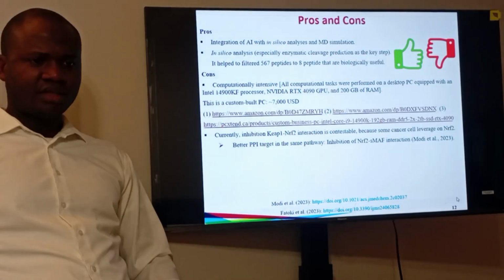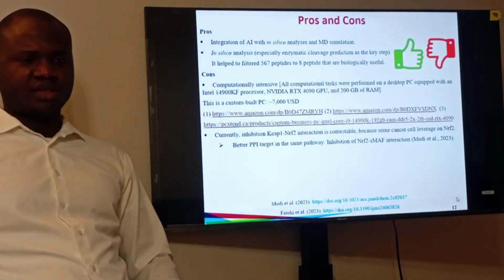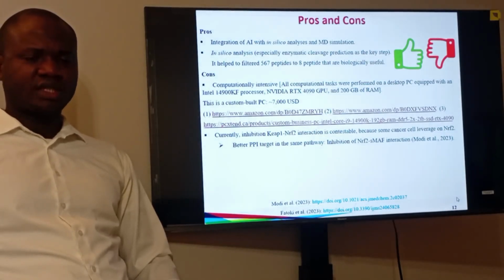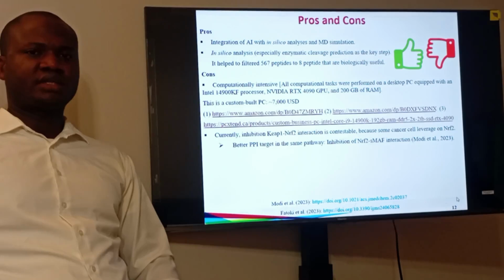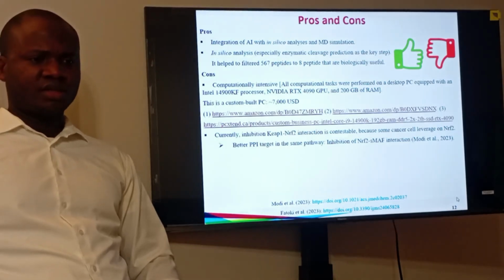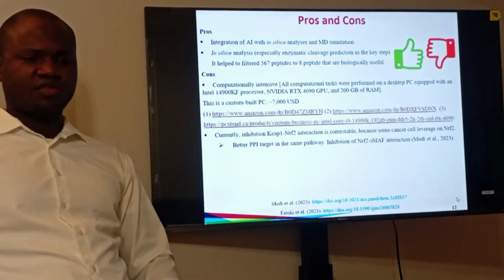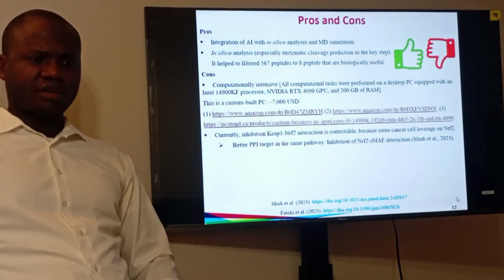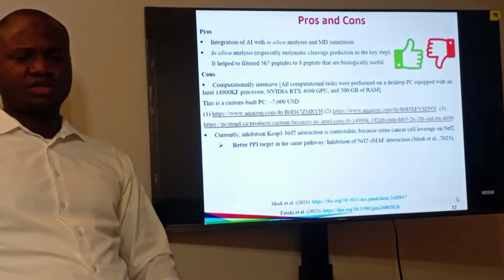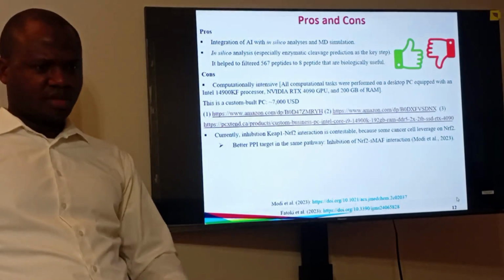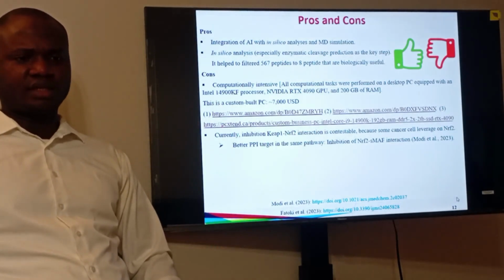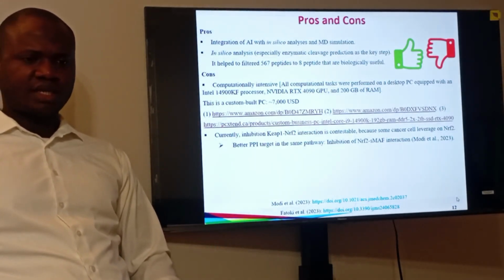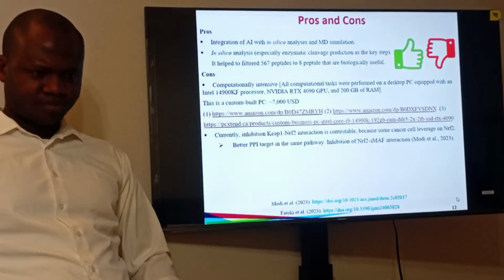The size of the RAM was 200 gigabytes. So this is a customized computer, and building this kind of computer costs approximately 7,000 US dollars.